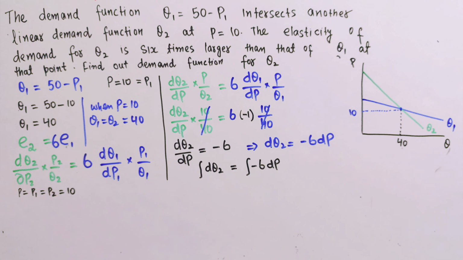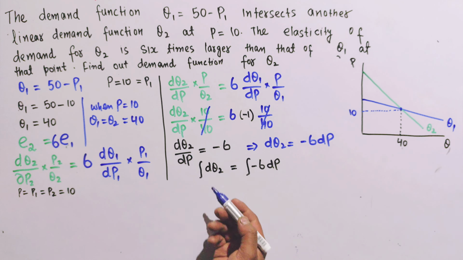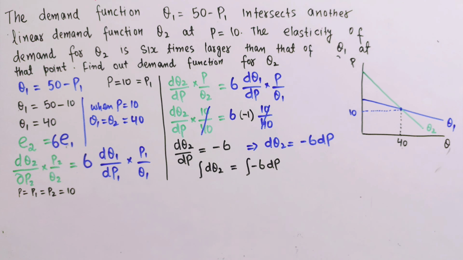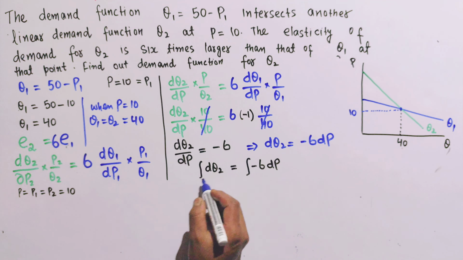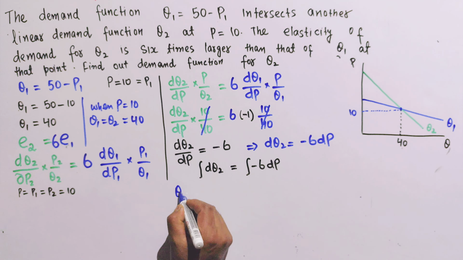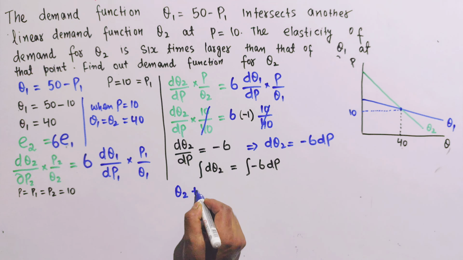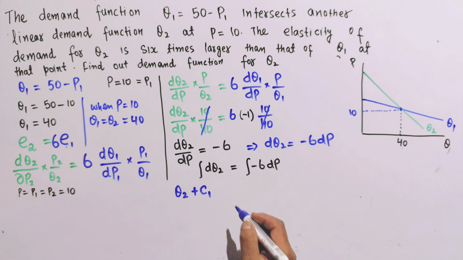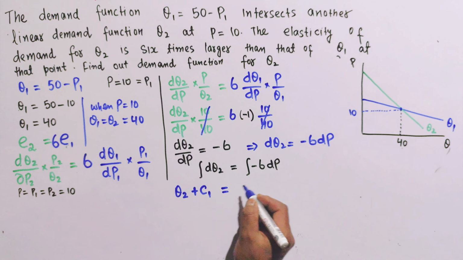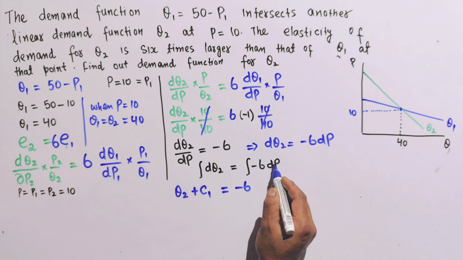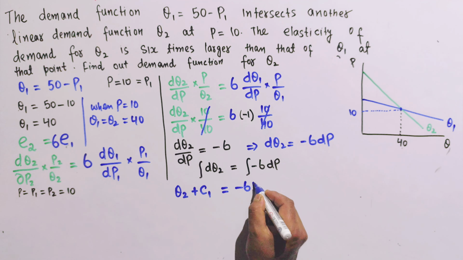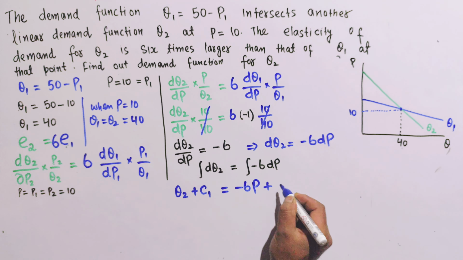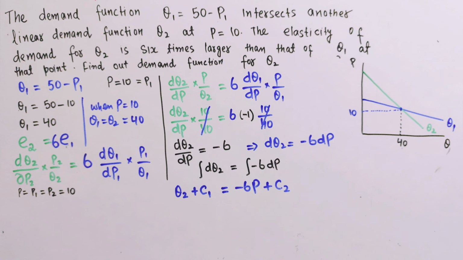Solving it further. Now what is the integral of dQ2? The integral of dQ2 will be equal to Q2 plus the constant of integration, let us say c1, which will be equal to minus 6 times the integral of dP, which is simply P, plus we add the constant of integration, let us say c2.